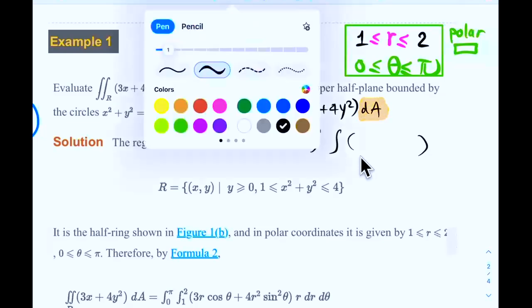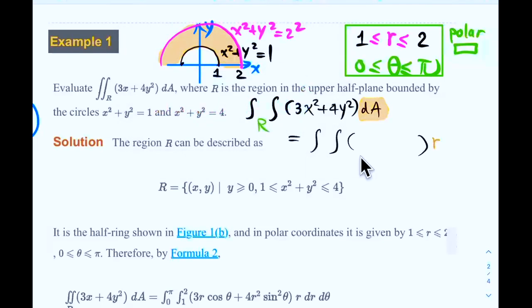By r what? r dr d theta. dA here is replaced by this.